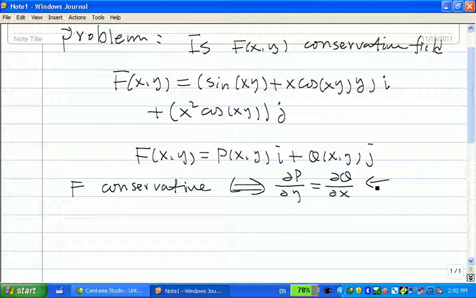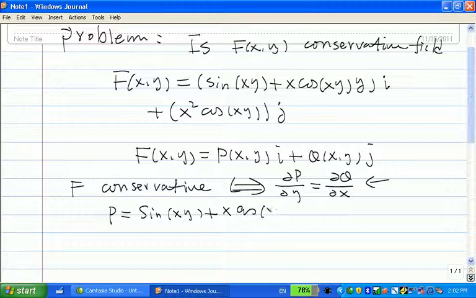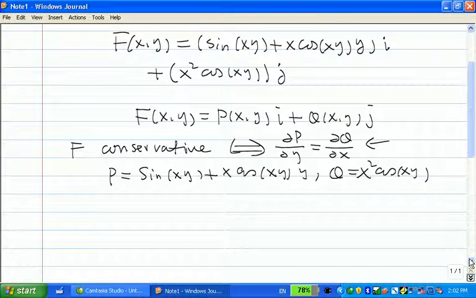For this problem, your P is sine xy plus x cosine xy times y, and your Q is x squared cosine xy. So we just need to find the two partial derivatives and check whether they're equal or not. Now let's find partial P with respect to y first.